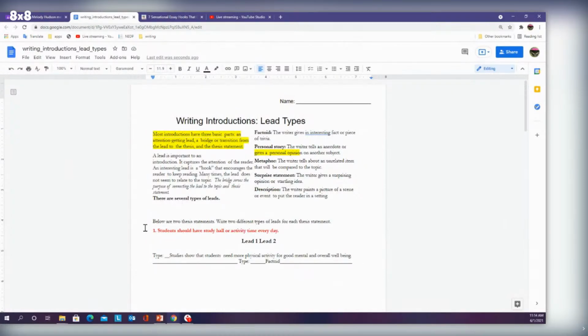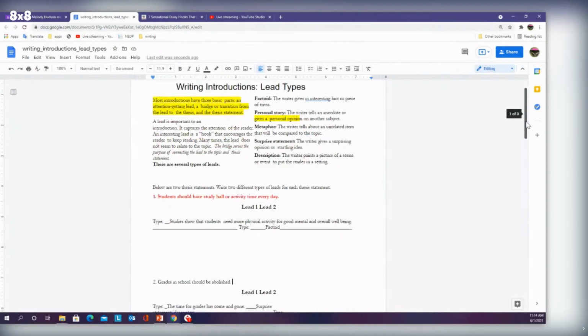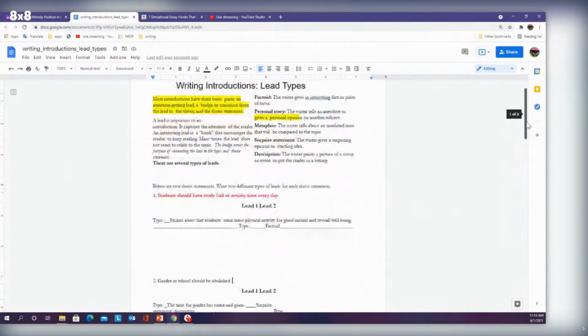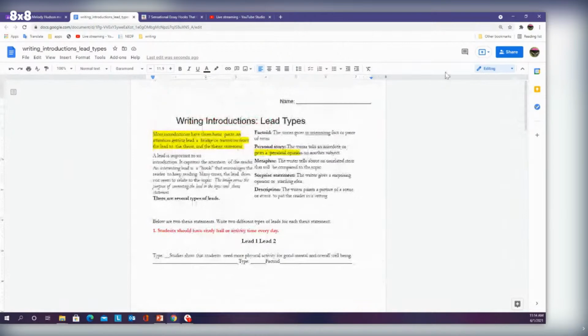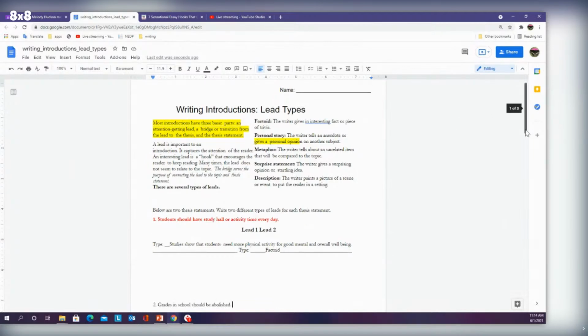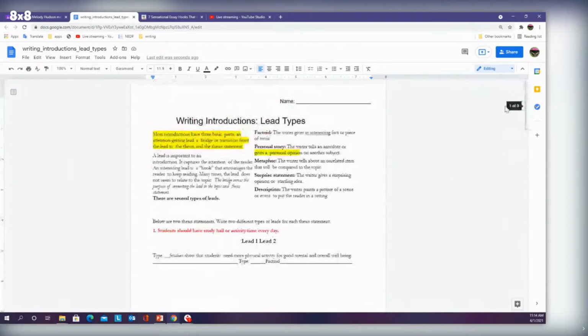And then you're going to come up with an interesting lead or introduction to draw them in. So that's all there is for this one. We'll work more on that as we work on putting together complete essays. So we have worked on the end and the supporting details, introductions. We're going to see how all of that comes together.